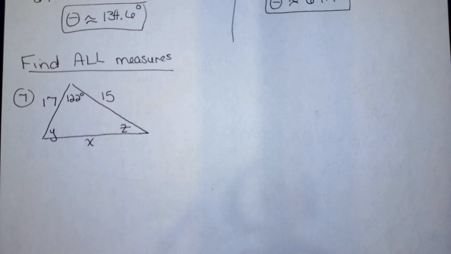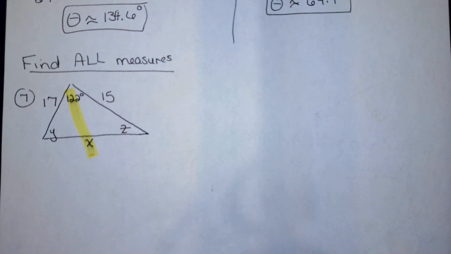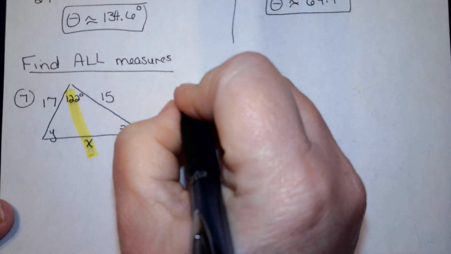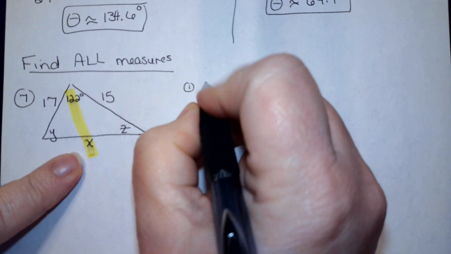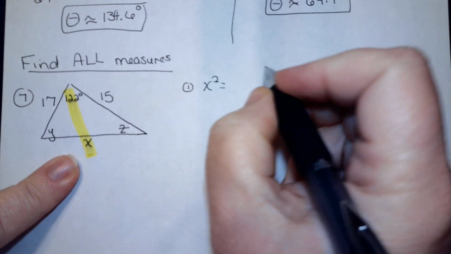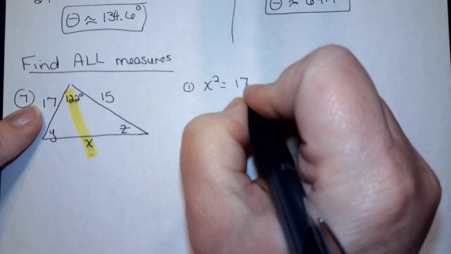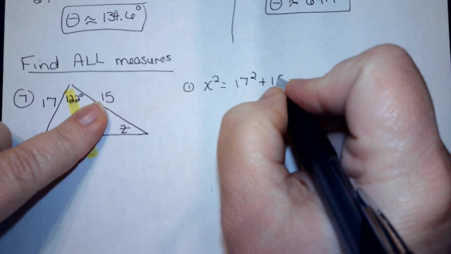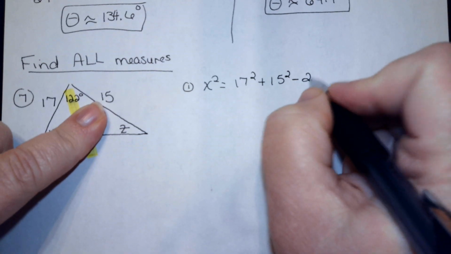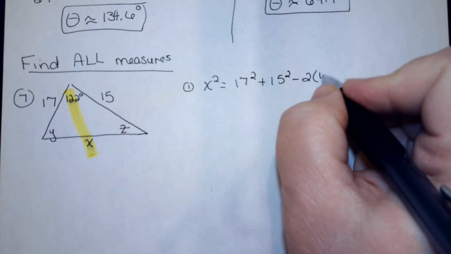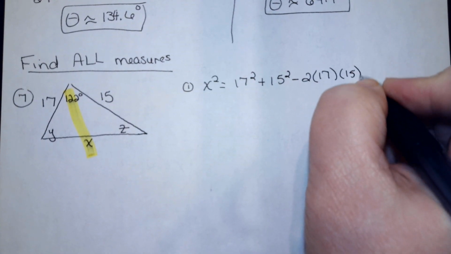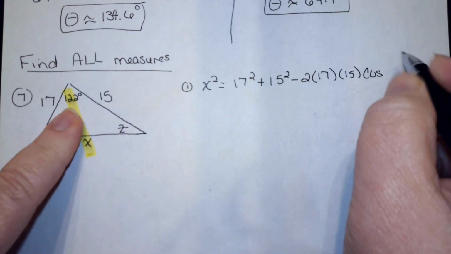Alright, so I'm going to start with the angle they give me and the opposite side. Step 1: x squared is equal to my other two sides squared, so 17 squared plus 15 squared minus 2 times those two sides, 17 and 15, times the cosine of my angle, 122.